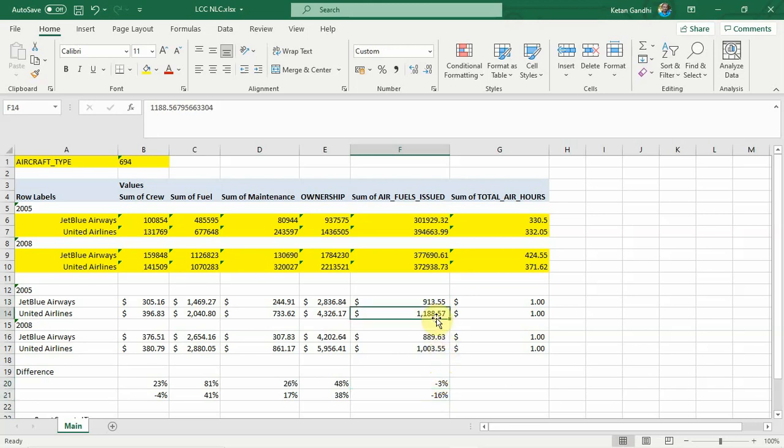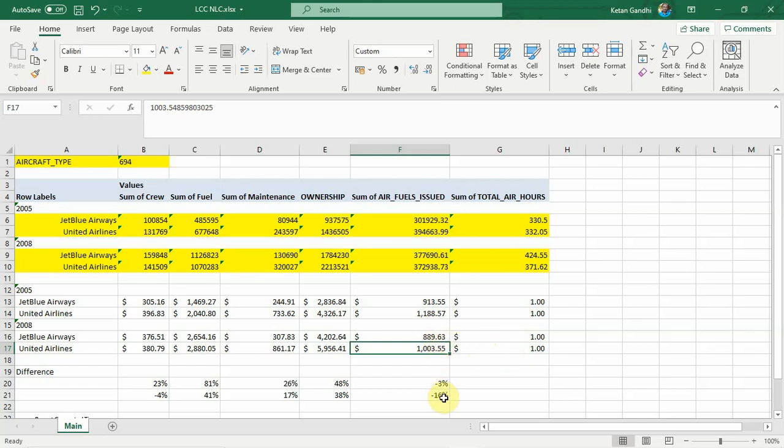And for United Airlines, the fuel issued was $11,885.7 per hour in 2005, whereas in 2008 it was $10,035.5 per hour.